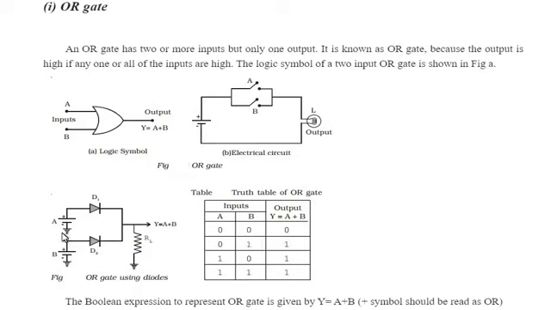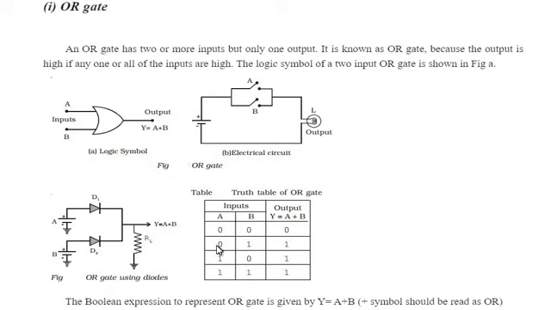There is no voltage across the diodes, and if the anode is at 0 potential, the diode will not conduct. Therefore both diodes are not conducting, no voltage appears at the output, and Y is equal to 0.